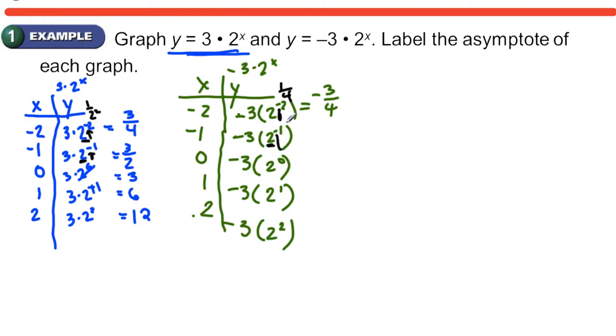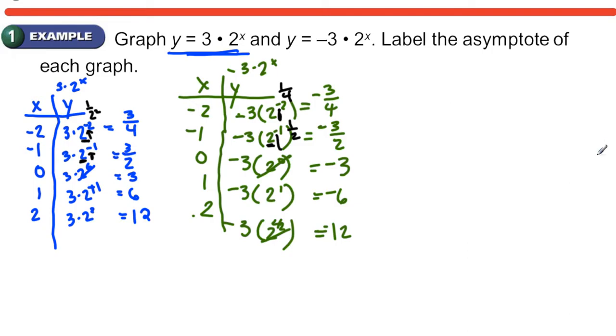So that becomes 1 over 2, and that leaves us with negative 3 times 1 over 2, which is negative 3 halves. 2 to the 0 is 1, negative 3 times 1 is negative 3. 2 to the first is just 2, negative 3 times 2 is negative 6. 2 squared is 4, negative 3 times 4 is negative 12.